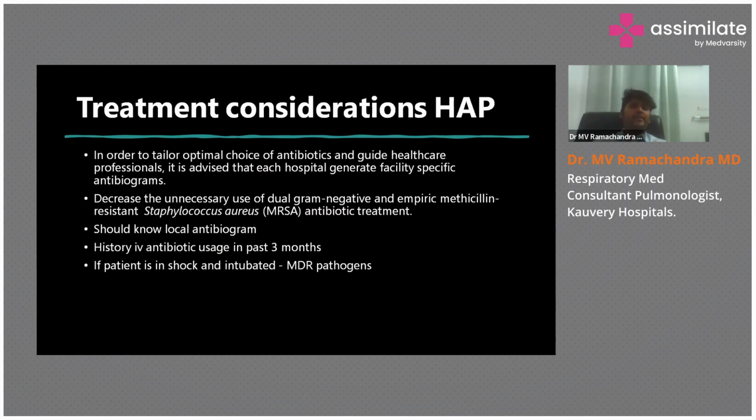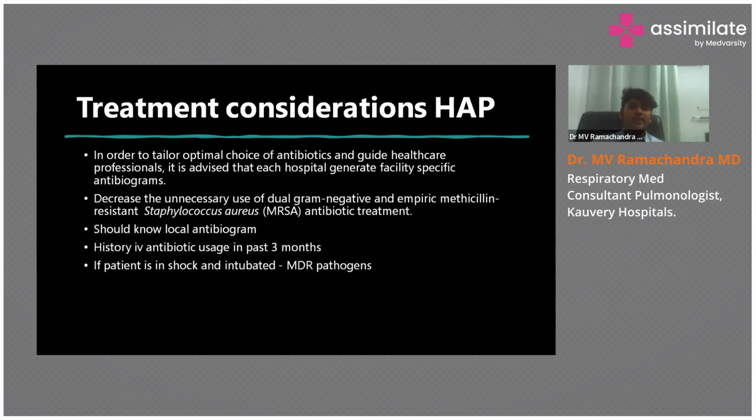So how do we start antibiotics for HAP, VAP, and everything? In order to start an antibiotic, we should first know the proper microbiome. In every hospital, antibiograms are available, showing the most common organism which usually occurs in the hospital, and whether it is an MDR bug or non-MDR bug.